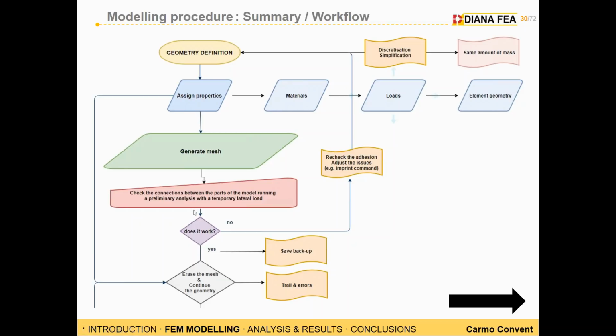For example, I suggest you make the geometry step by step and generate the mesh per parts, not all together, because it's easier to understand if the connections between all the parts of the model are working properly, and if it is working, we can save a backup.